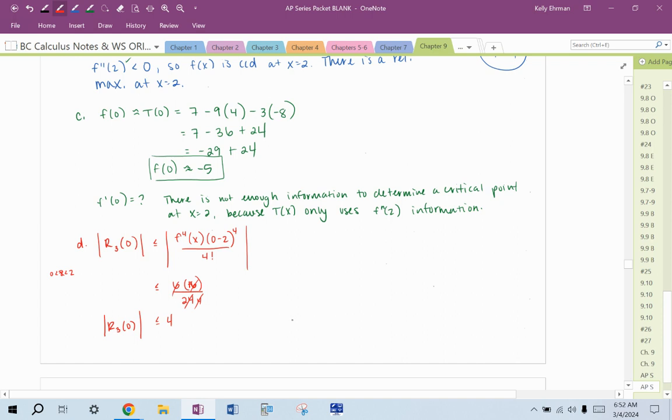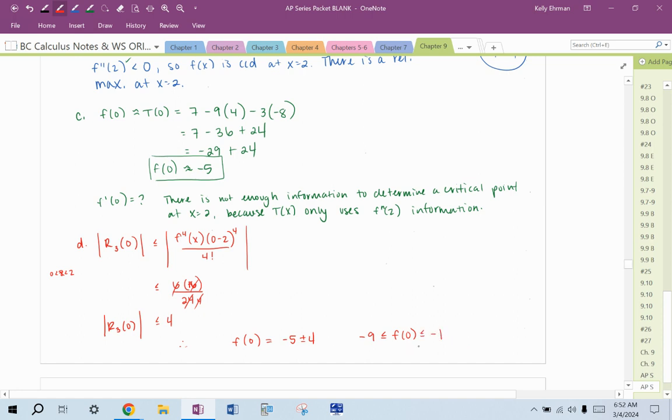So that means that the actual, I'm going to say therefore, f of 0 is equal to our approximation plus or minus 4. And so that puts f of 0 between negative 9 and negative 5 plus 4, which is negative 1.